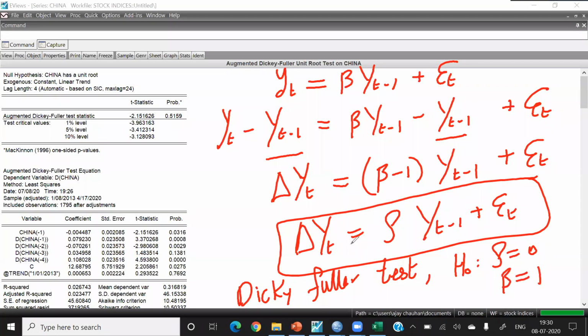So when you apply the regression with delta yt as the dependent variable and yt minus 1 as the independent variable, and rho is found to be insignificant, it means your series is a random walk.